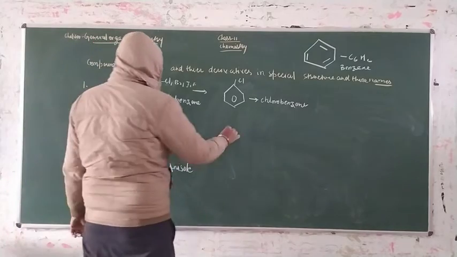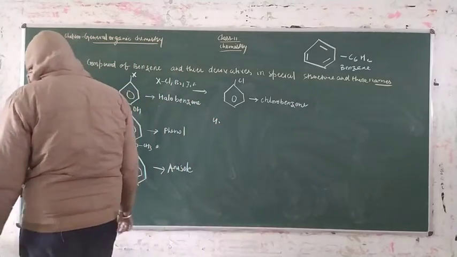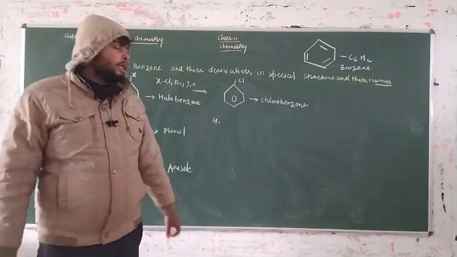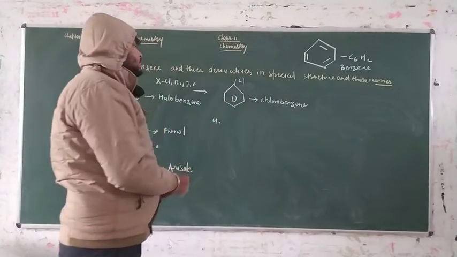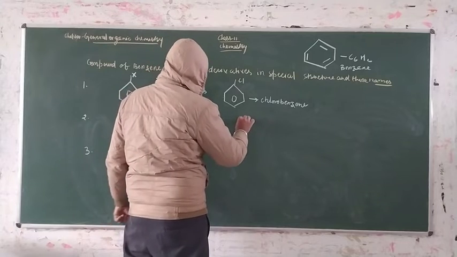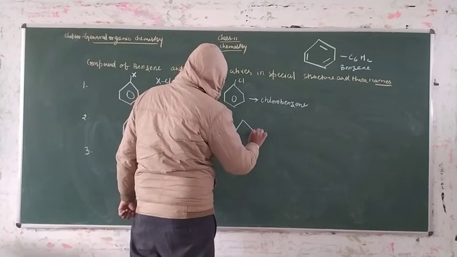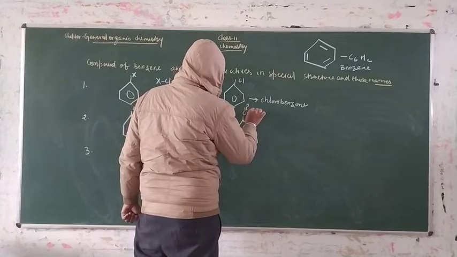Now the fourth representation of the formation: what happens when an aldehyde combines on the benzene. This is the structure of benzene, and we represent the formation with CHO.